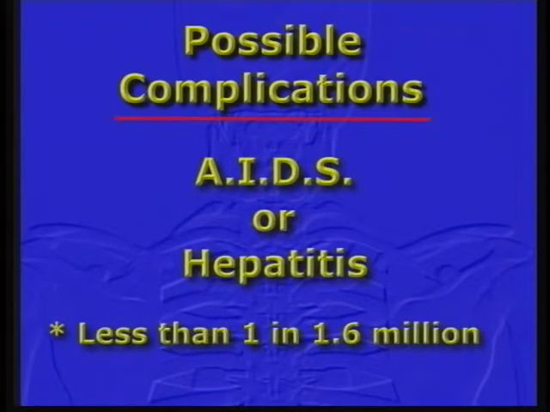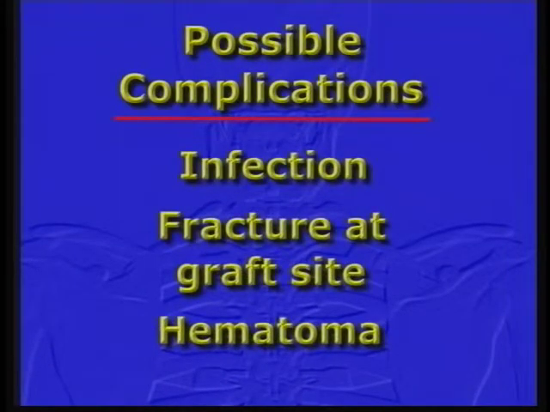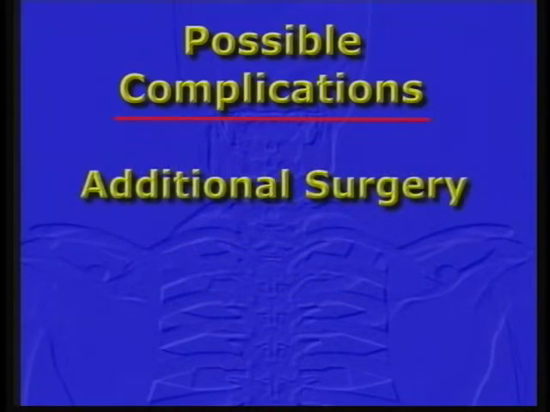If you choose to have donated bone, you risk the chance of contracting AIDS or hepatitis. If you use your own pelvis bone, there is a risk of infection, fracture at graft site, hematoma, numbness of the legs, and chronic pain at the graft site. Some of these risks may lead to the need for additional surgery.